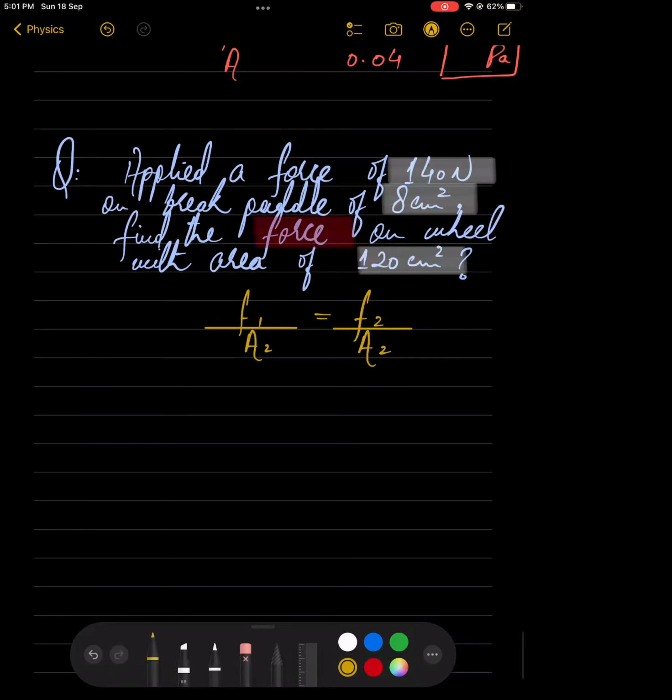Now the force of the first side is 140. The area of this side is 8. Then the force of the other side is unknown, which is going to be X. And the area of that side is going to be 120. Now, all of you need to solve this quickly and tell me the answer. What is going to be the force on the wheel?